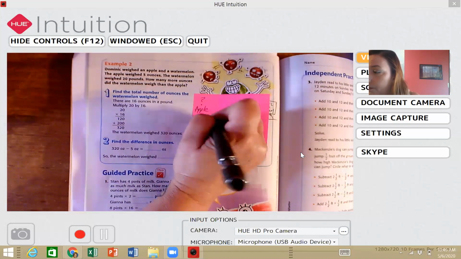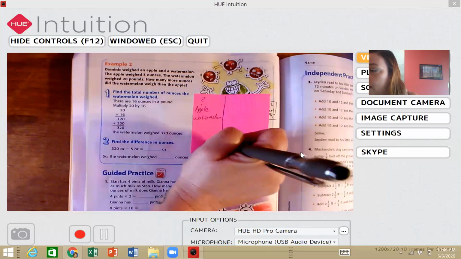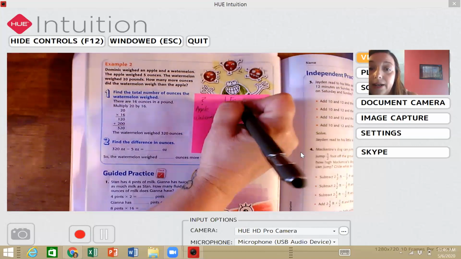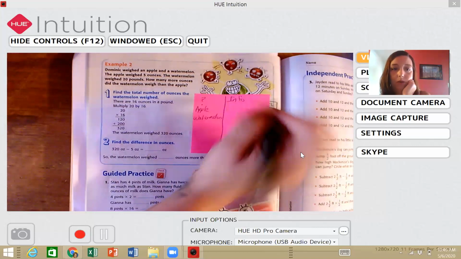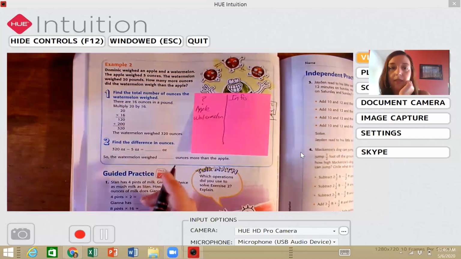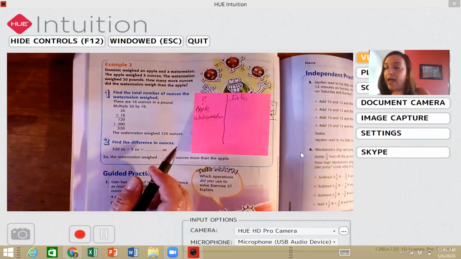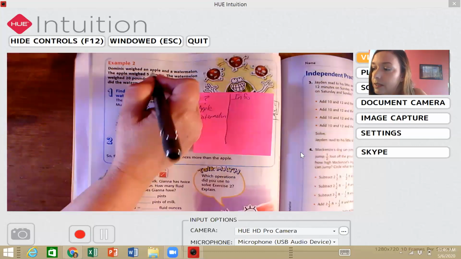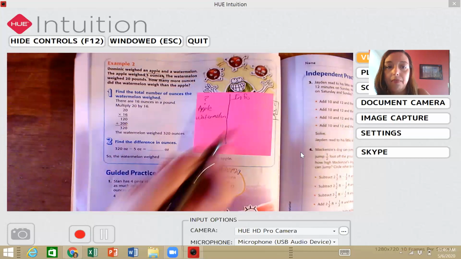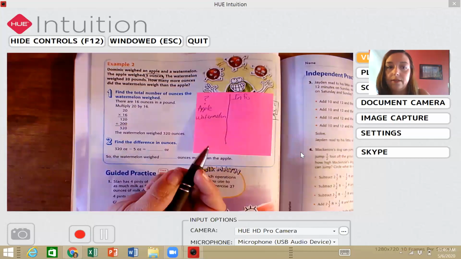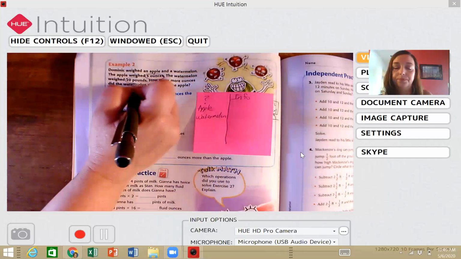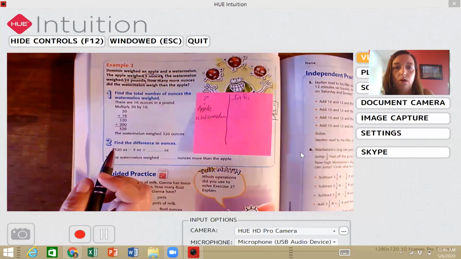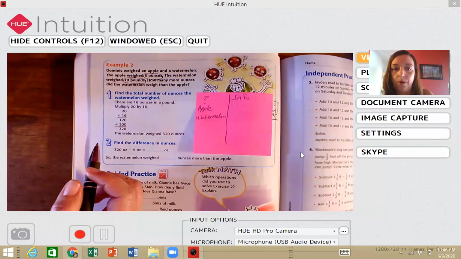Okay, so my next thing that I need to look at is what information does this problem give me? So this problem gives me the information that the apple weighed 5 ounces and the watermelon weighs 20 pounds. That's a big watermelon. Okay, so now I know what the info is.